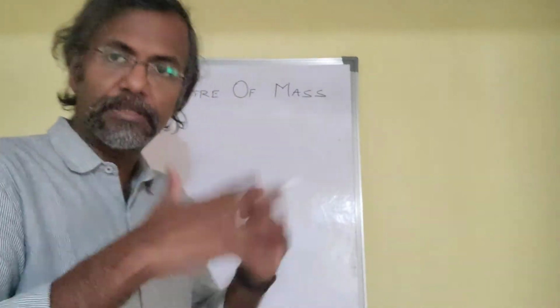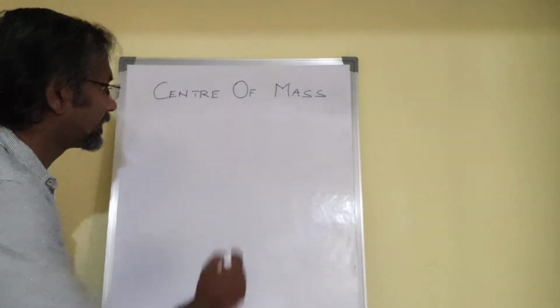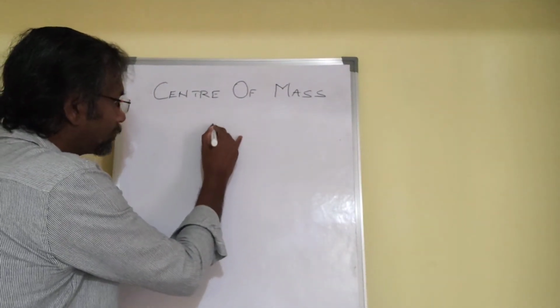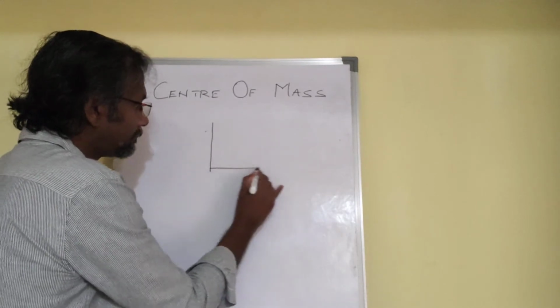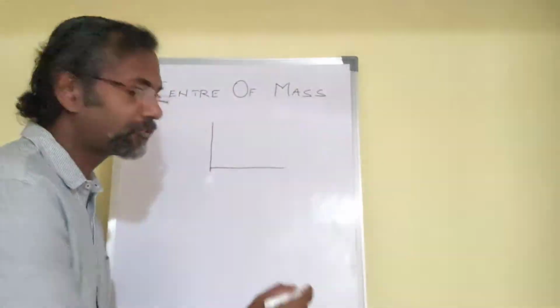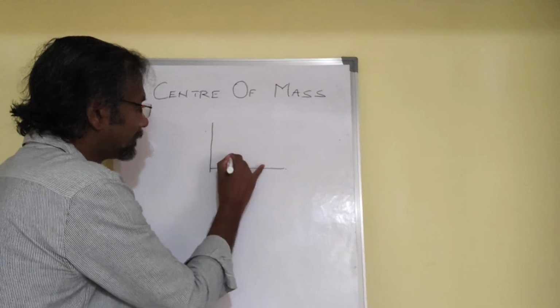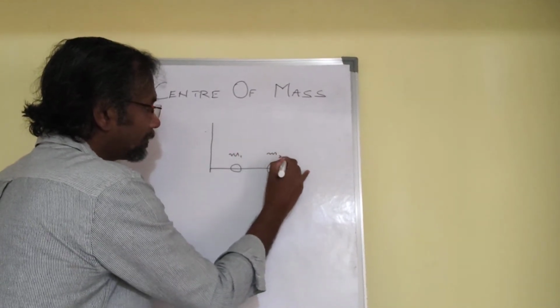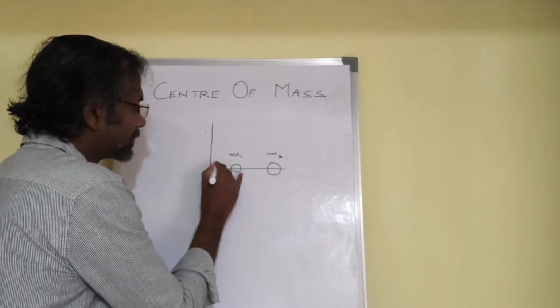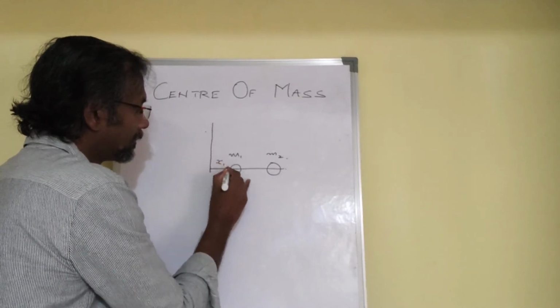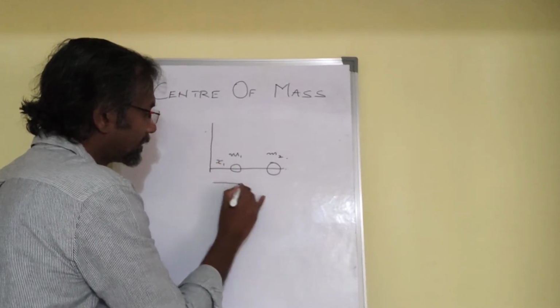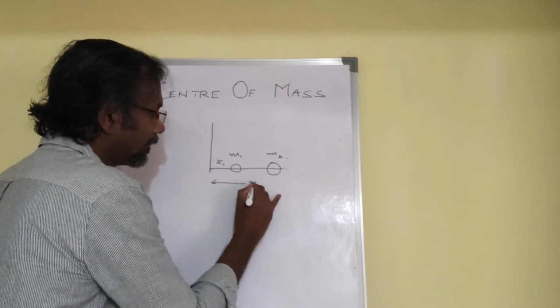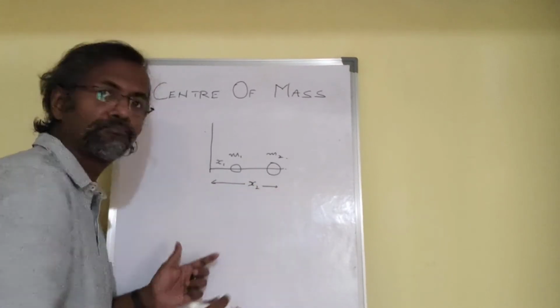Okay. Now, but let's try to look at it mathematically. Let's say I have two bodies. I'm using a coordinate system, and I have a body m1 and I have a body m2. The first body is at a distance x1, and the second body, let's say, is at a distance x2 from the origin.